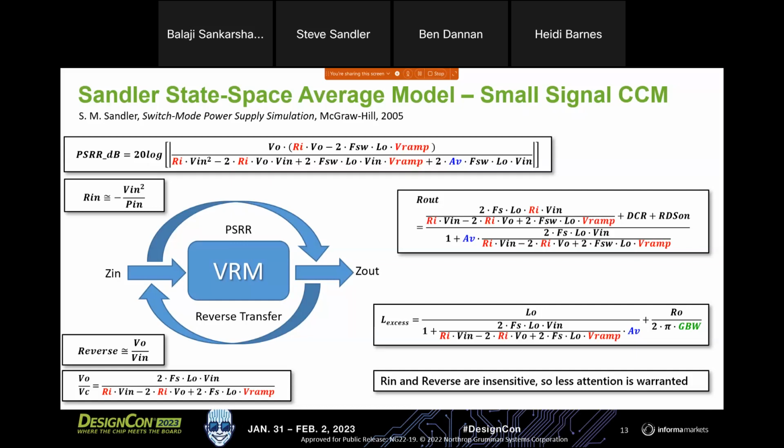So if you don't know what the RDS on is, it's okay to guess or make a reasonable estimate. The sensitivity of RDS on is relatively small. If you know what it is, that's great. If not, you'll still be much better than an RL model if you just put in your best guess. Next slide.